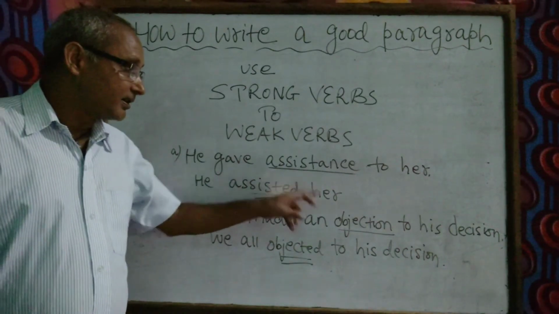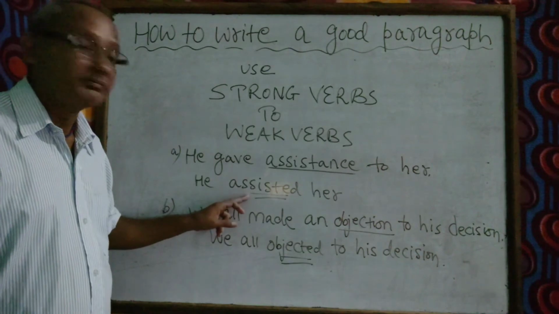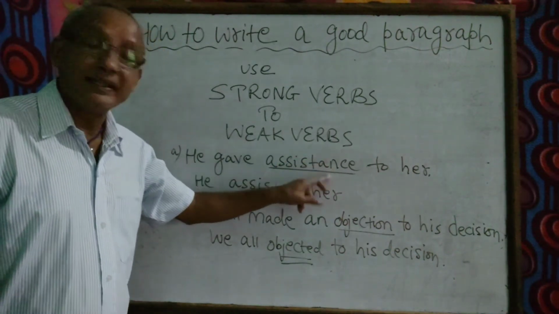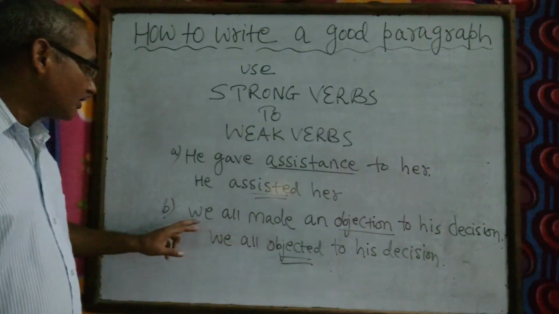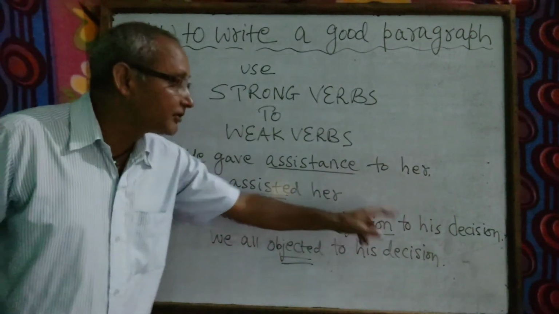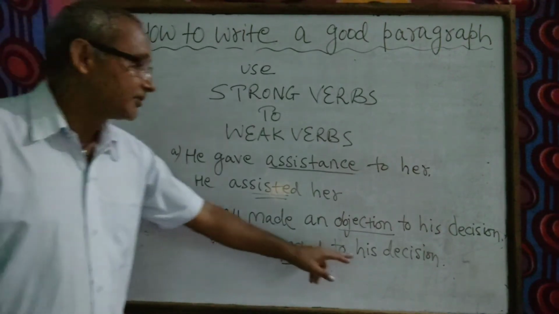He assisted her. This becomes a strong verb compared to this, because this is its noun form. Another practice. We all made an objection to his decision. We all objected to his decision.